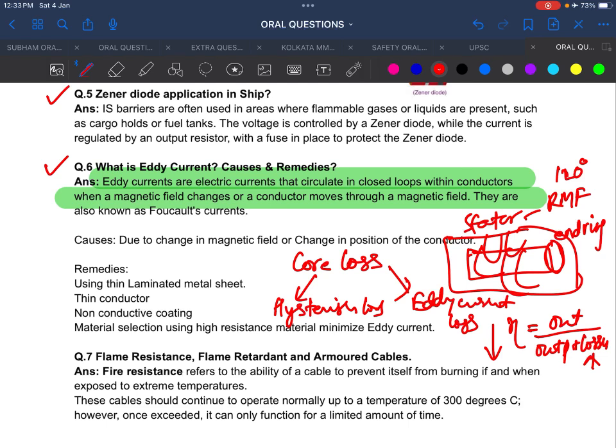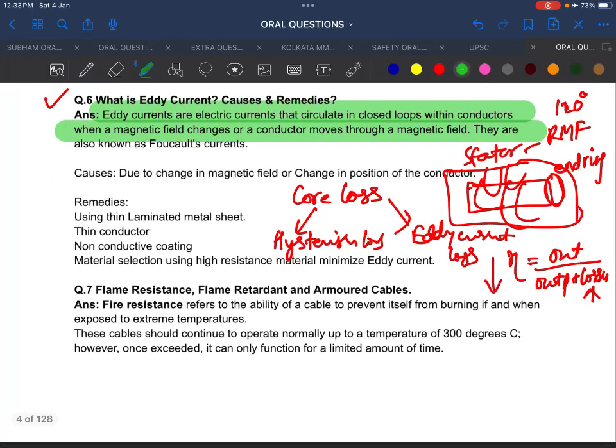So eddy current is a current that circulates in a closed loop within the conductor. There is a closed loop and an induced current circulating in it, and due to this losses increase, and we have to reduce this. How can we reduce this?